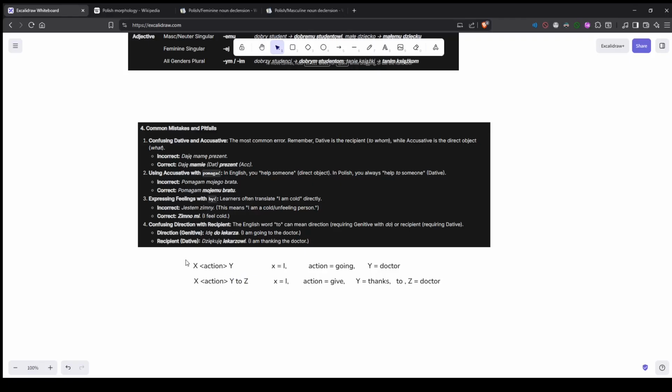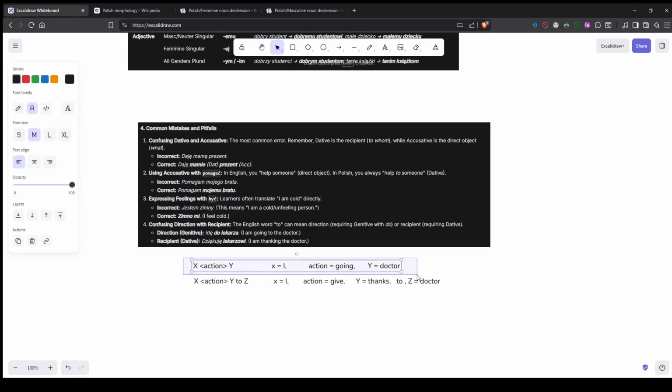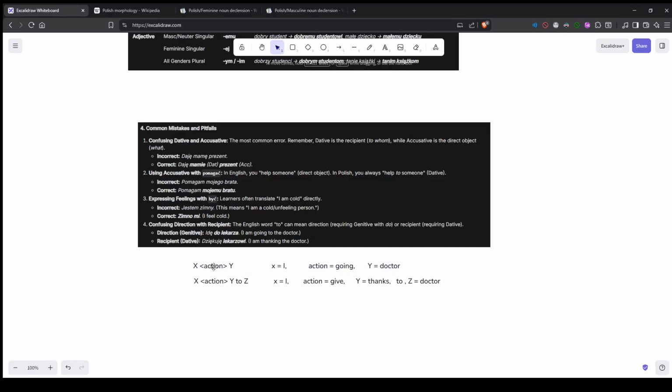Since you are not giving anything to anyone by going, it's just I am going to a place, and that's it. But in this case, I am giving my thanks to someone. Or for example, I am giving a present to someone, okay? I hope you get the slight distinction there.